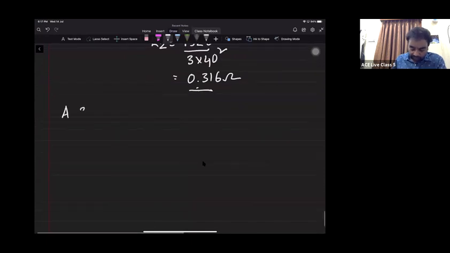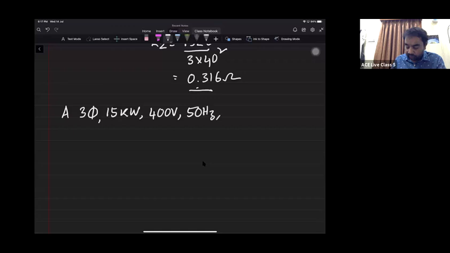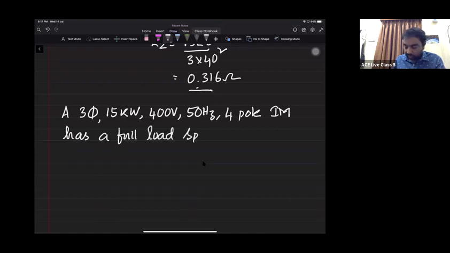A three-phase, 15 kilowatts, 400 volts, 50 hertz, 4-pole induction motor has a full load speed of 1440 rpm.